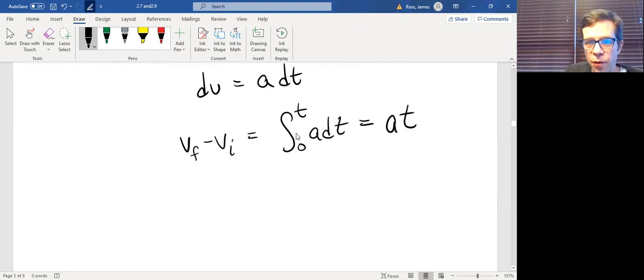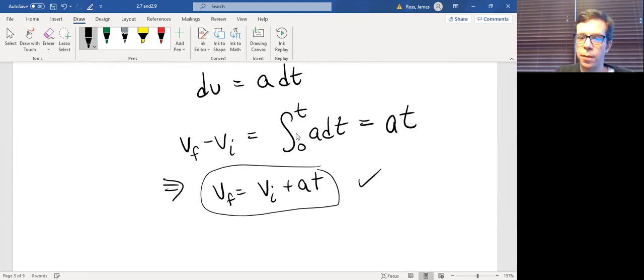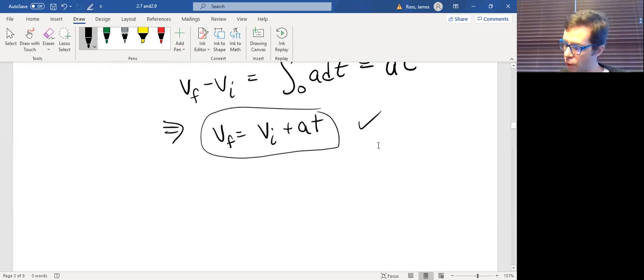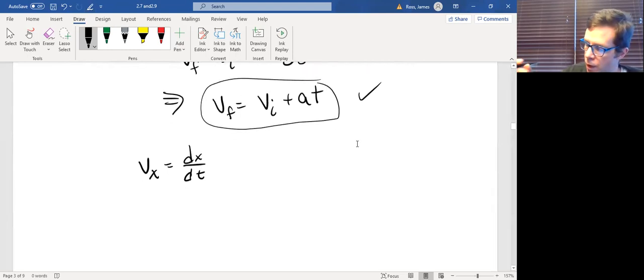All right, and that looks familiar, right? That gives us our v final equals v initial plus at equation. All right, so we've now derived it from calculus. But we also know that v_x is dx dt, and we can do the same thing.